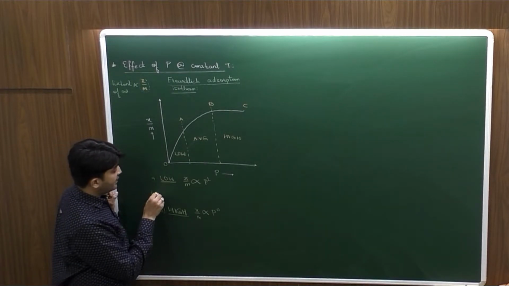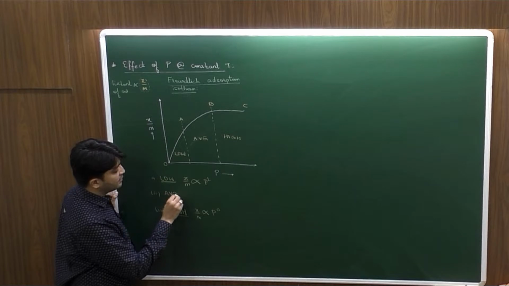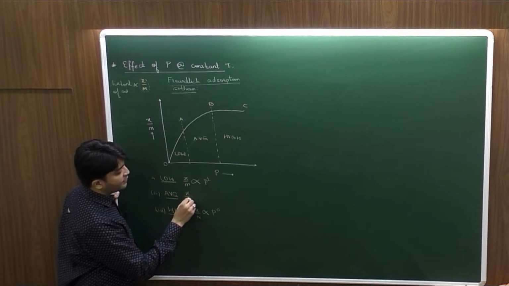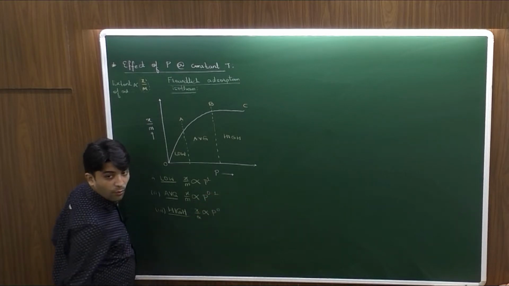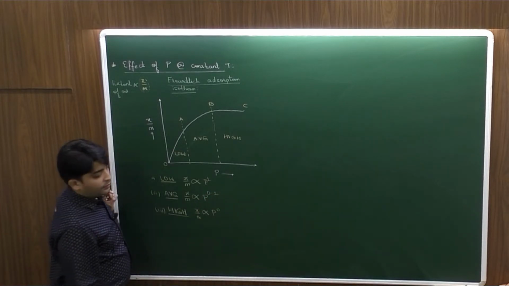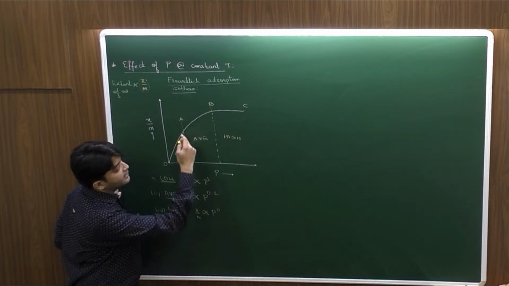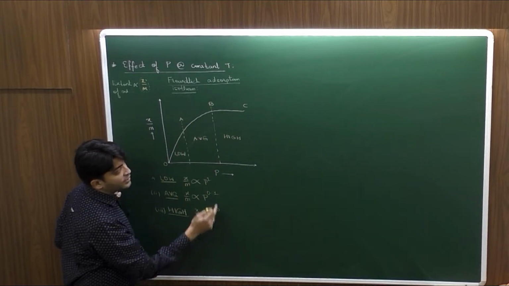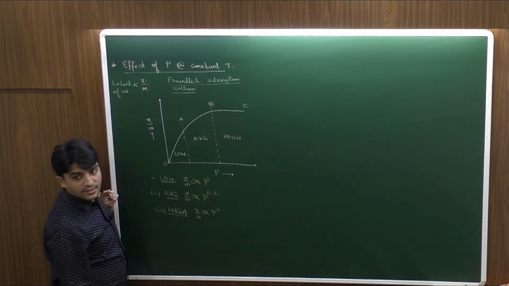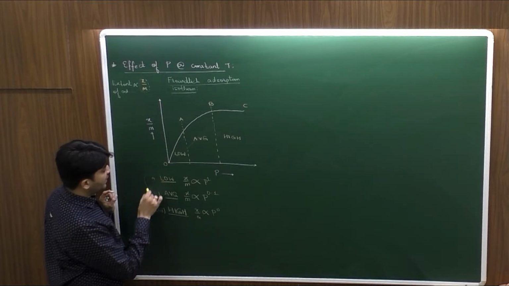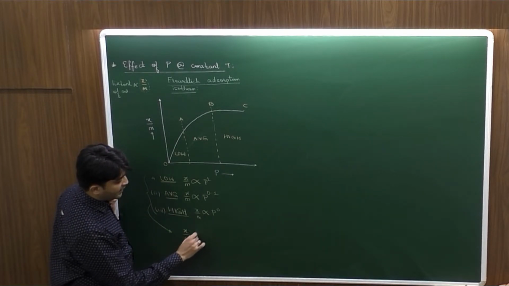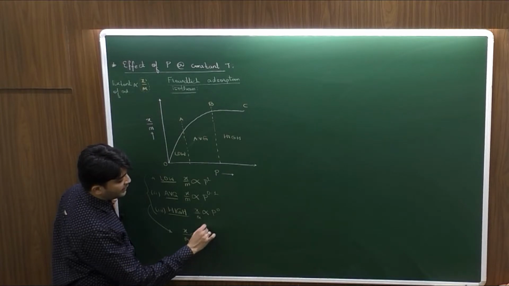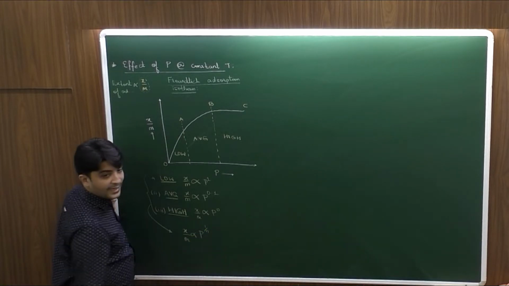So in the average pressure, I can write x by m is proportional to P raised to a power in the range 0 to 1. Clear? When it is less than 1, it will be exponential. As it reaches 0, it will become a constant. Clear? So summarizing these 3 as a general equation, x by m is directly proportional to P raised to 1 by n.